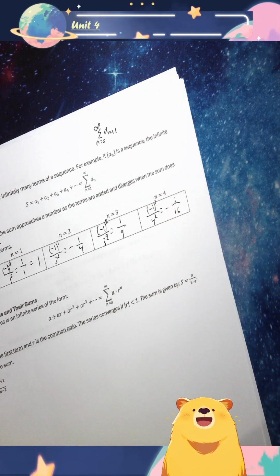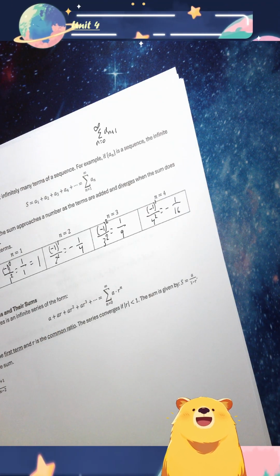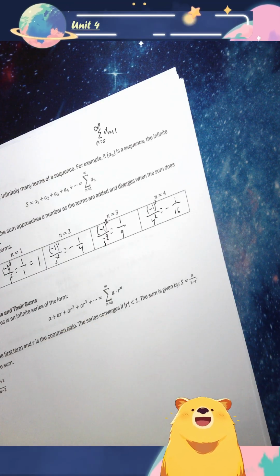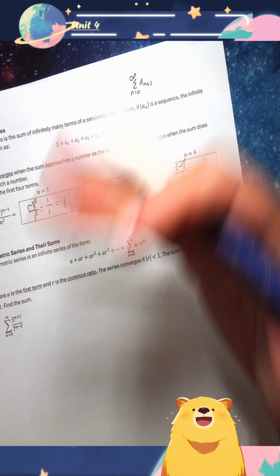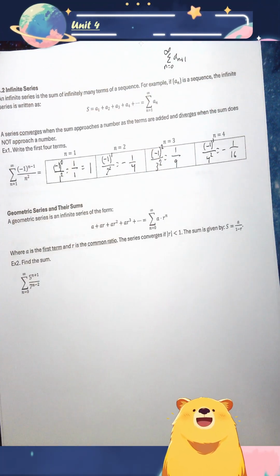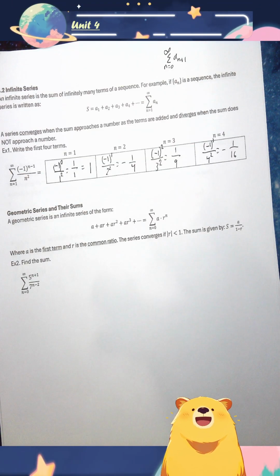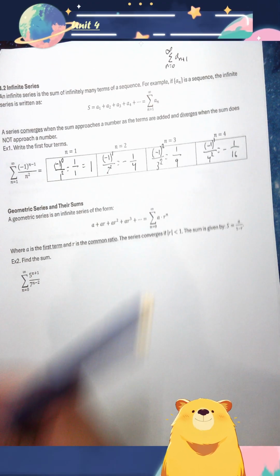So we can see here that this sequence technically does approach a number. It approaches 0, right? It's going to keep getting smaller and smaller. But the sum we have at this moment gives no proper indication of what the sum is going to go towards.